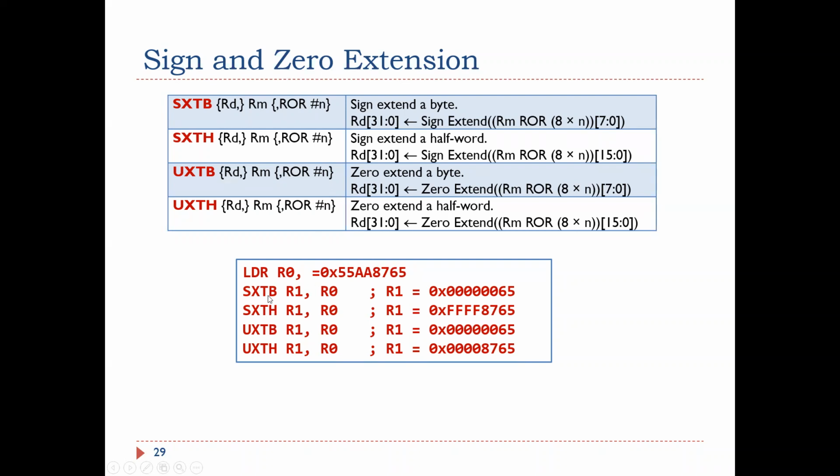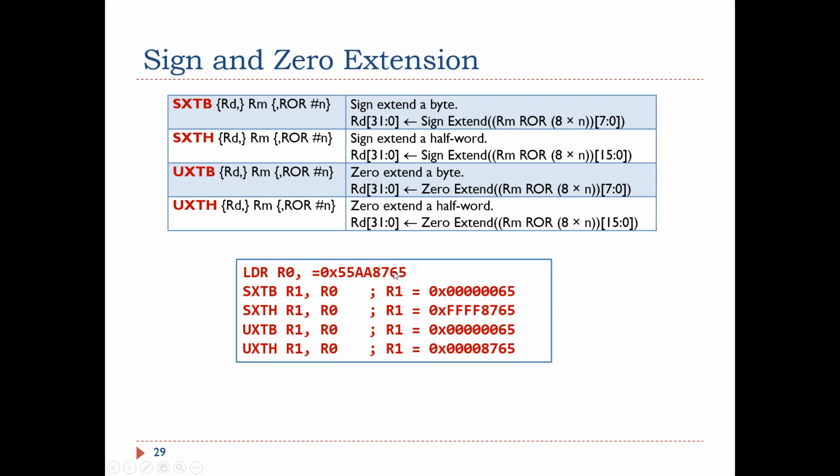So the SXTB is going to sign extend a byte, meaning it's going to copy the lower byte of R0 to R1, and the lower byte is 65 here, so it copied the 65 into R1. Now it's going to do the sign extension.